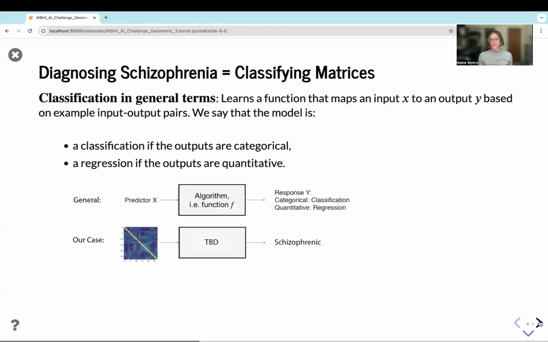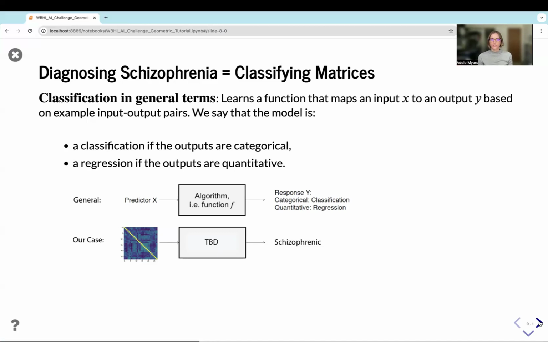So how are we going to use this? We're going to eventually be using this for machine learning on manifolds. Before we talk about machine learning on manifolds, we should talk about machine learning in general. Diagnosing schizophrenia in machine learning terms is essentially a matrix classification problem.